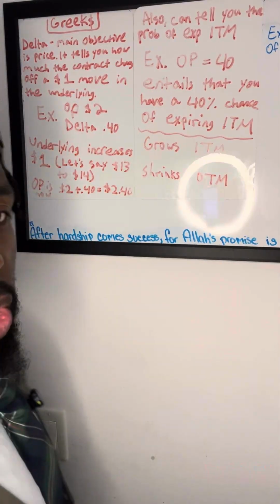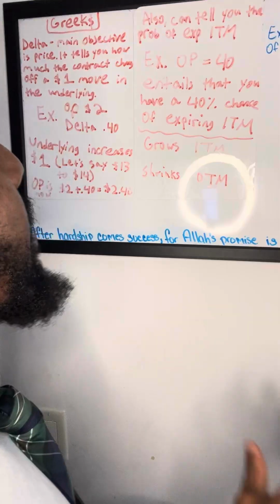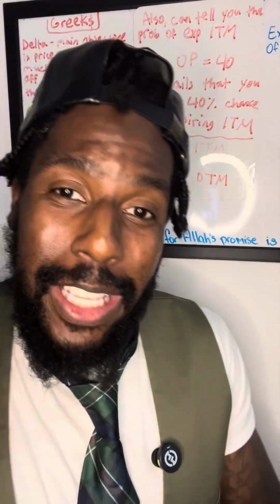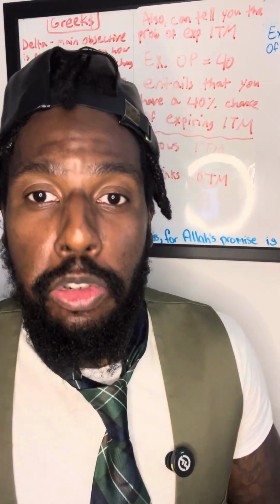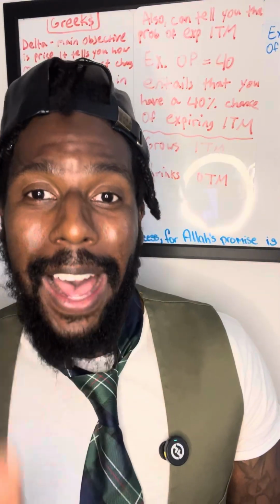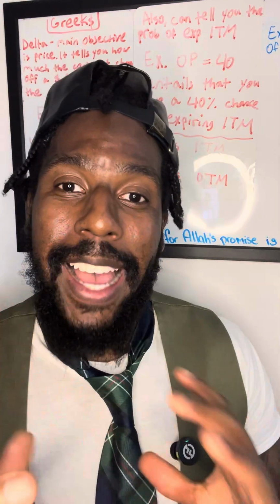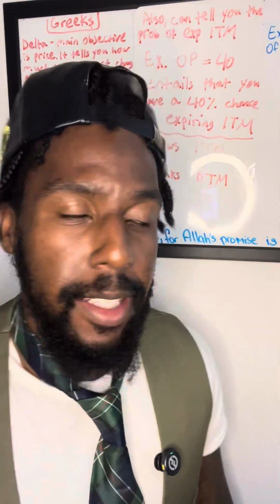So also what delta can tell you is the probability of the options contract expiring in the money. We spoke about in the money, at the money, or out of the money in my other video, so go back and watch that to rehash exactly what in the money entails.